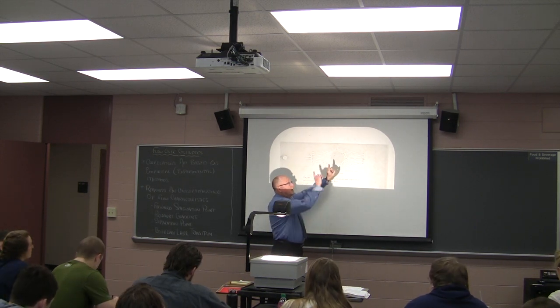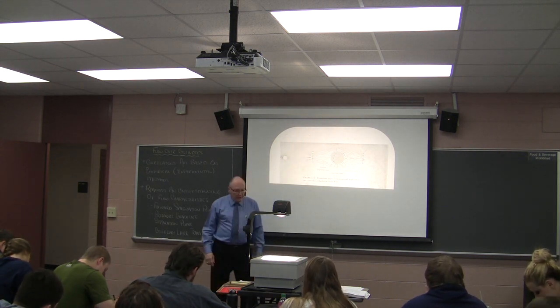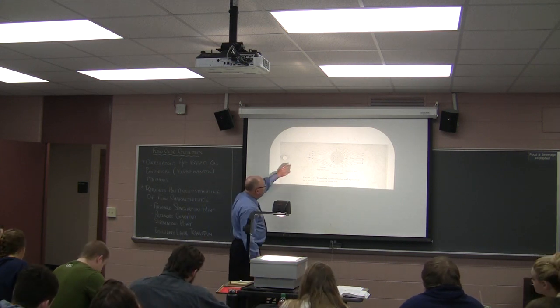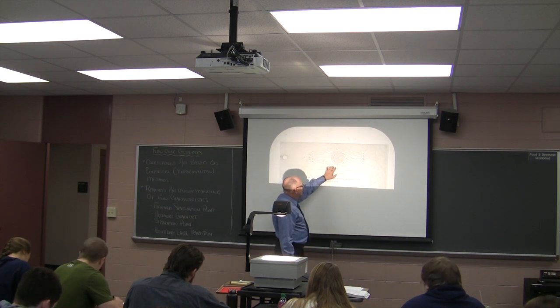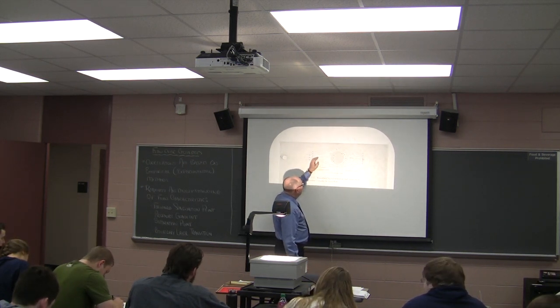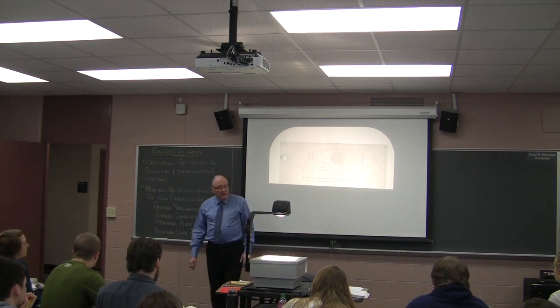So the cylinder is running this way, perpendicular to the board, and the flow is going over it, as you see right here. Okay? Now there's a couple of interesting things. As the flow comes in, and these lines represent your streamlines. Okay? As the flow comes in, it curves around the body.